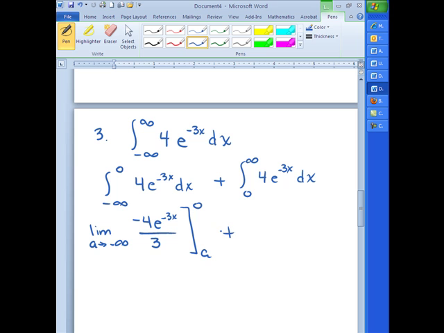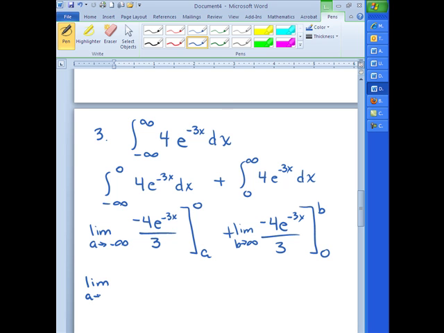For the other piece, the integration will be the same, but now we're going to start from 0 and go to b, and we'll have to take the limit as b goes to infinity. So you cannot run them both at the same time, so you have to split that up. So now let's do some plugging in.